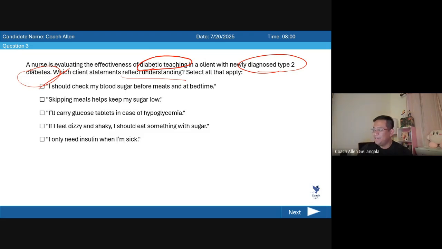Very good, Lou. If there is a need for you to do fasting blood glucose, that's the only time it would be effective for you to have fasting. What's the problem when we are fasting? When we deprive our body of effective nutrients, we are going to be triggering, what?